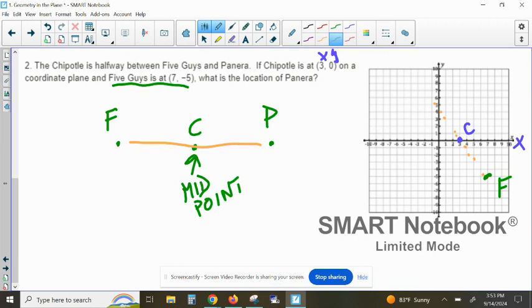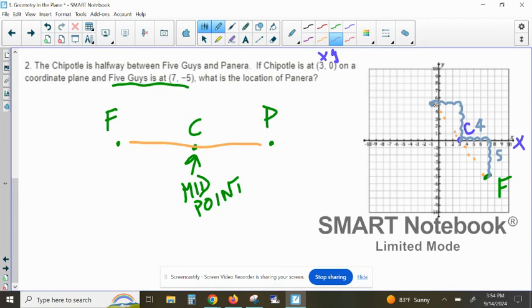So let's go ahead and count some bubbles. From Five Guys, that is 1, 2, 3, 4, 5 bubbles up, and 1, 2, 3, 4 bubbles left. So I need to go 5 bubbles up, 1, 2, 3, 4, 5, and 4 bubbles left, 1, 2, 3, 4.